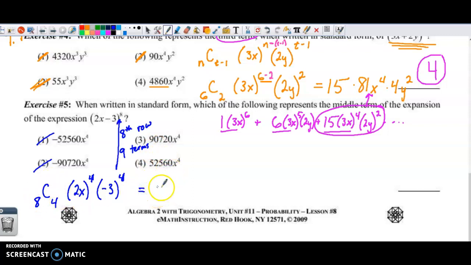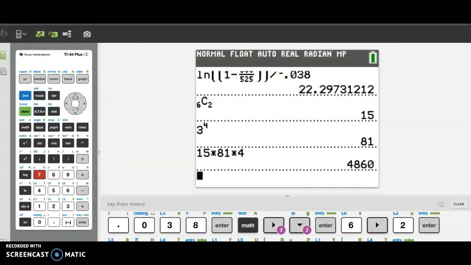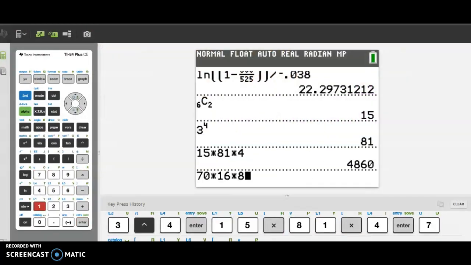Now you could go to your calculator, but we already verified that 8C4 is equal to 70. 2 to the 4th power: 2, 4, 8, 16. And then we actually just did 3 to the 4th power, which is 81, up here. So all I need is a calculator. And yes, I do realize you want a calculator to do these problems.